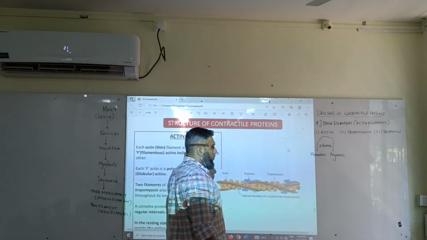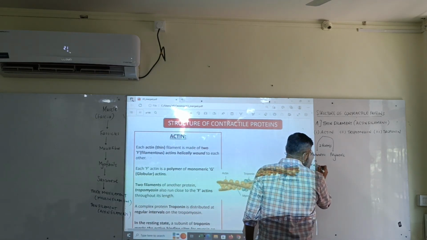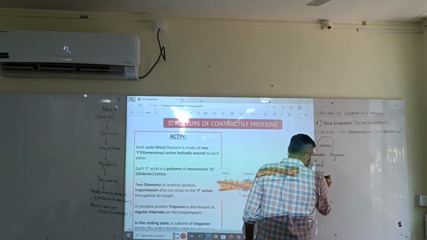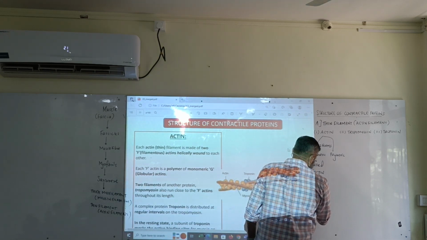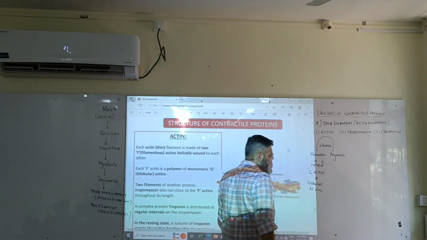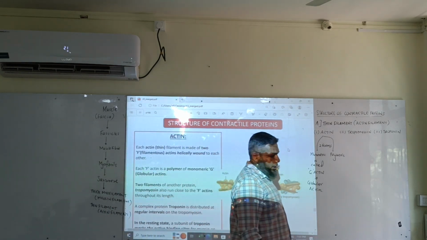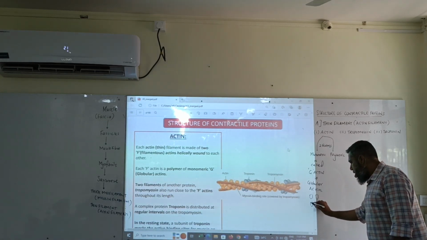The monomeric form of actin is called G-actin, that is globular actin, because these are globular spherical forms.